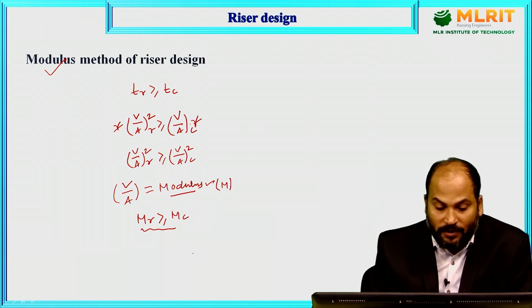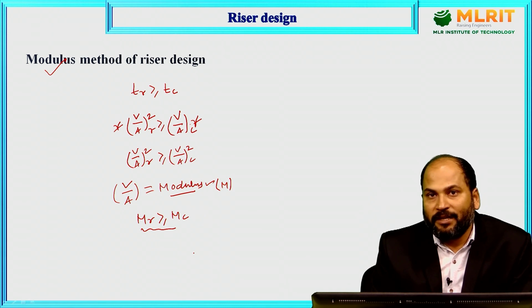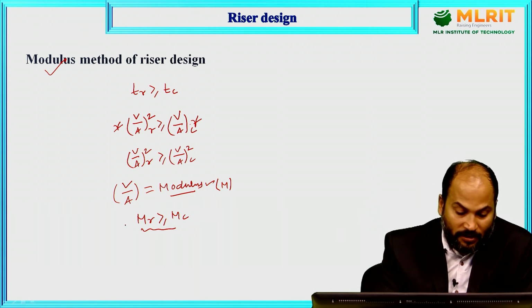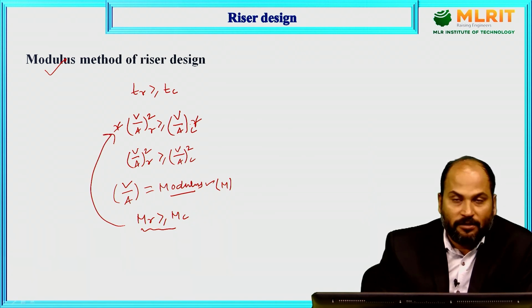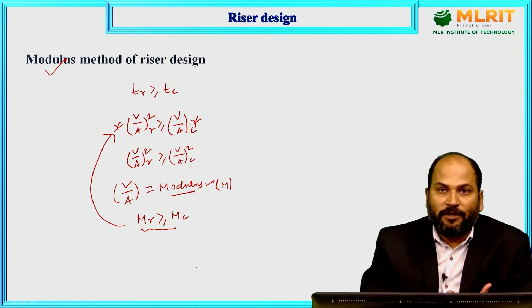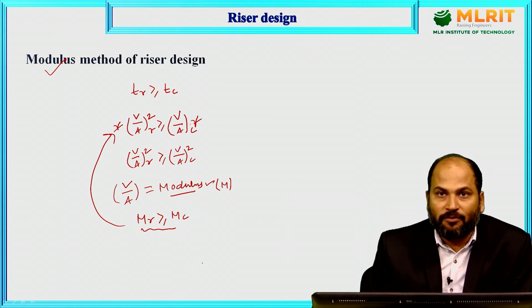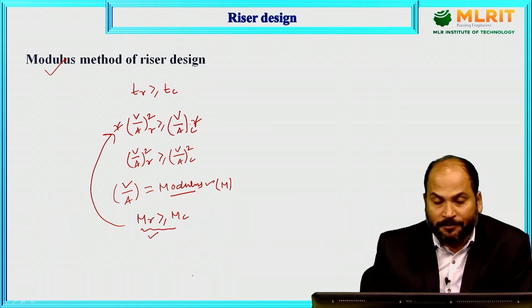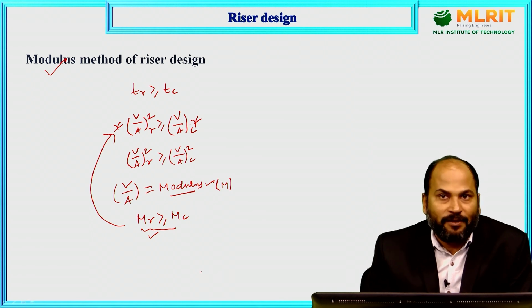Now, the question will come: how much greater, what should be the value? We already know from this that the solidification time for the riser should be more than the solidification time of the casting. But if we are using the modulus method, we need quantitative data on how much greater it should be.